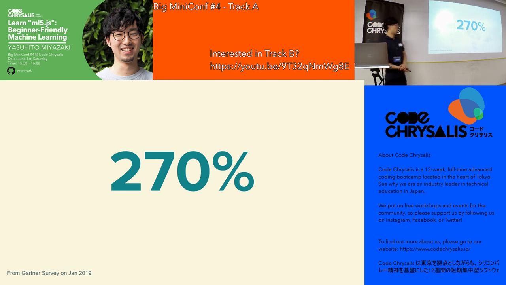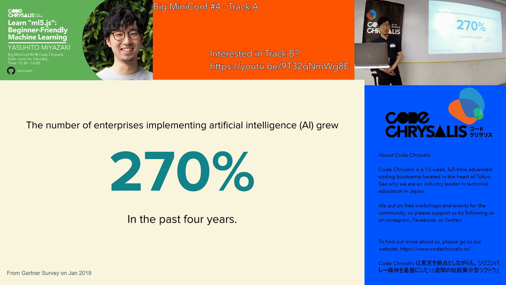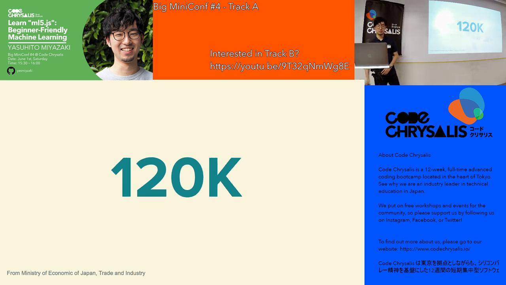Can you guess what 270% is? This percentage is from a Gartner survey in January 2019. The number of enterprises implementing AI grew 270% in the past 4 years. So it's growing every year. 120K.